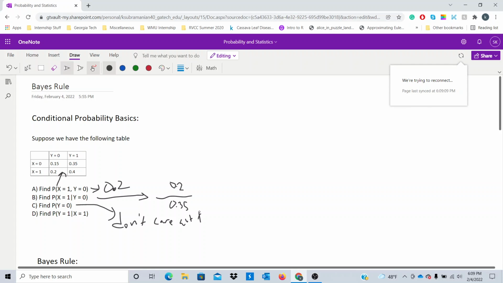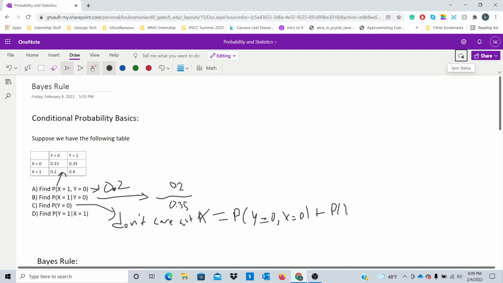This will be essentially the probability that y equals 0 and x equals 0 plus the probability that y equals 0 and x equals 1. What we're doing here is summing up all the places where y equals 0 without worrying about x. Essentially we're just summing up this column right here. So this is simply 0.35.